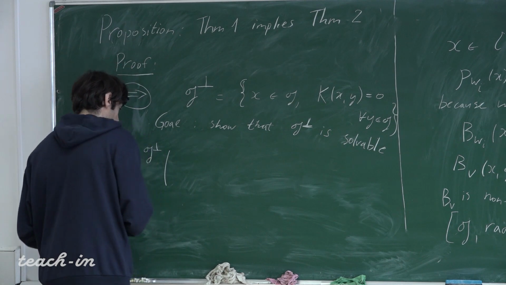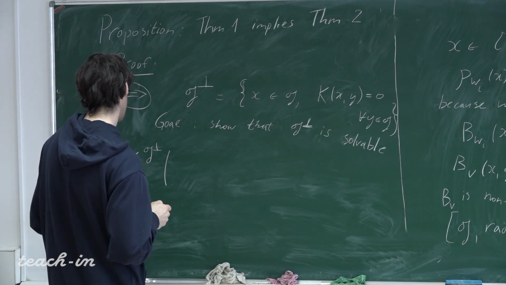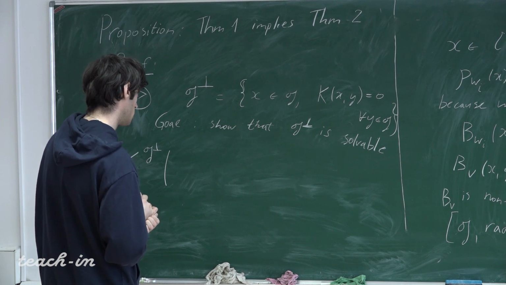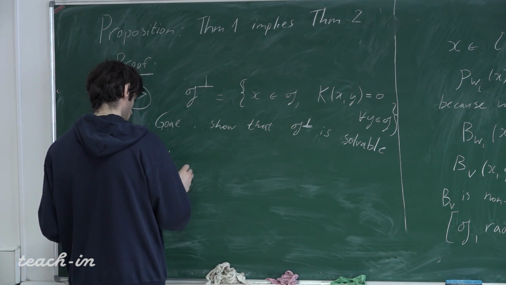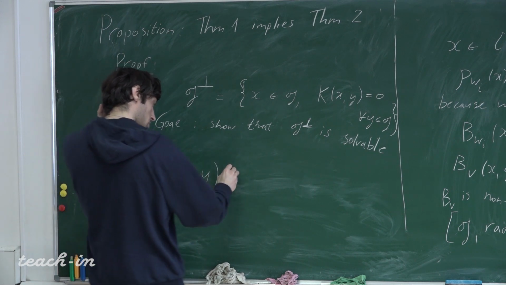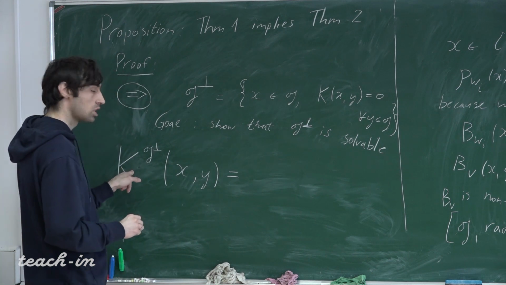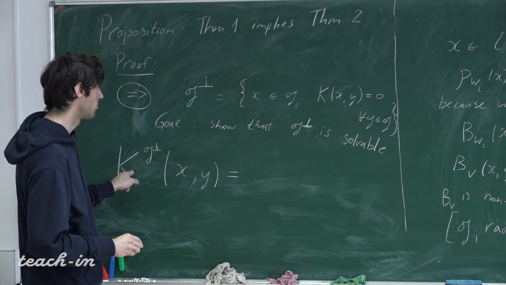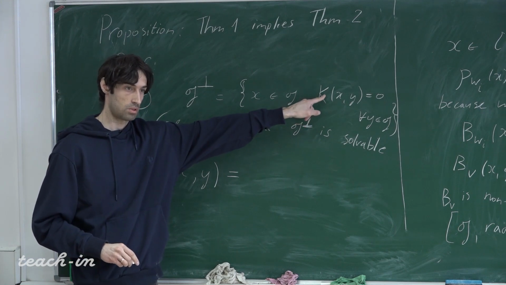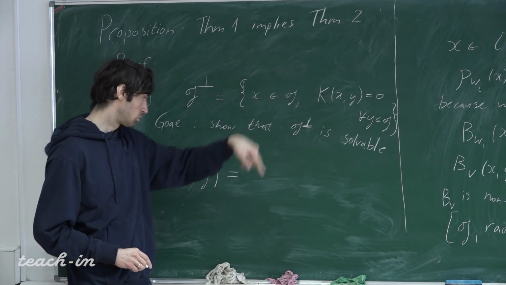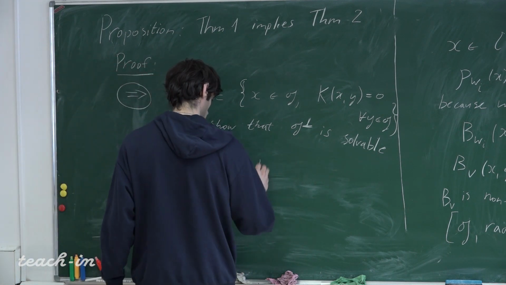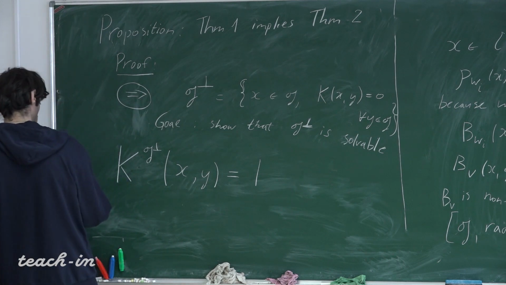So I claim that the Killing form of G orthogonal equals just a restriction of the Killing form on G, which is this K without superscript, to G orthogonal.